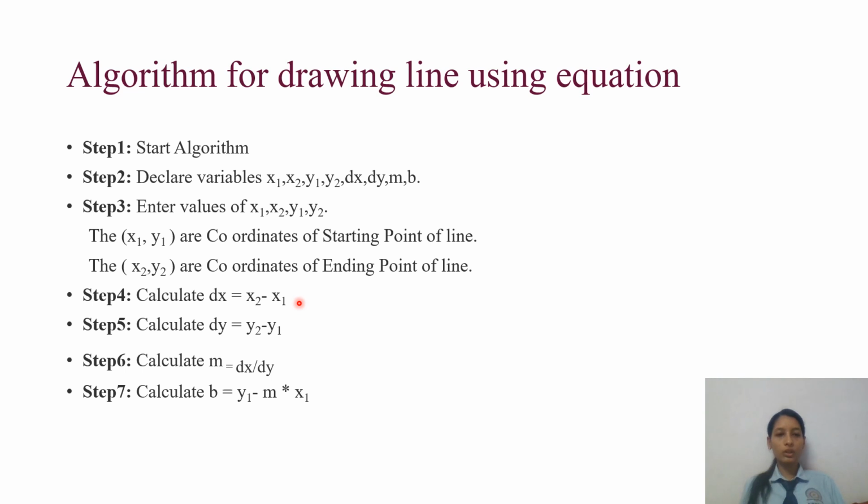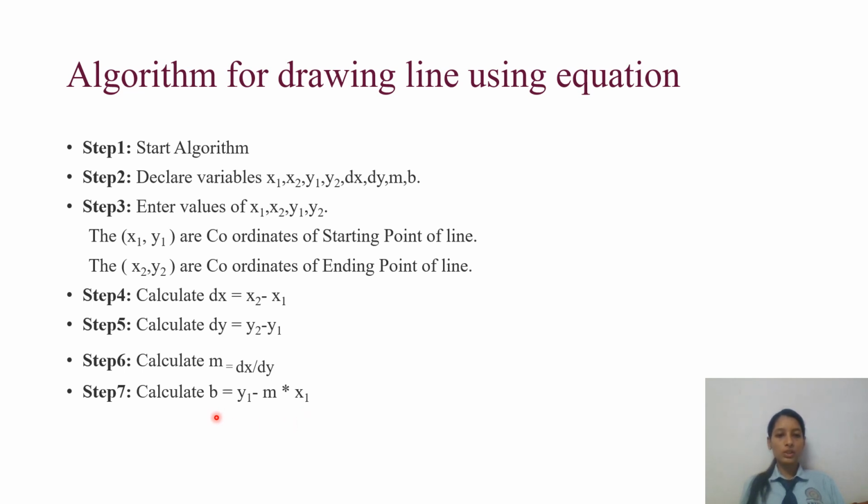Then step 4, we have to calculate dx, which is x2 minus x1, and calculate dy, which is y2 minus y1. Calculate the slope of the line m equal to dy upon dx. Then calculate b equal to y1 minus m into x1.